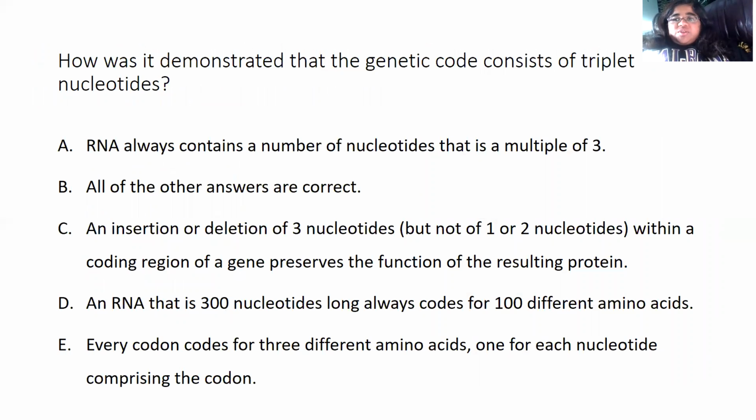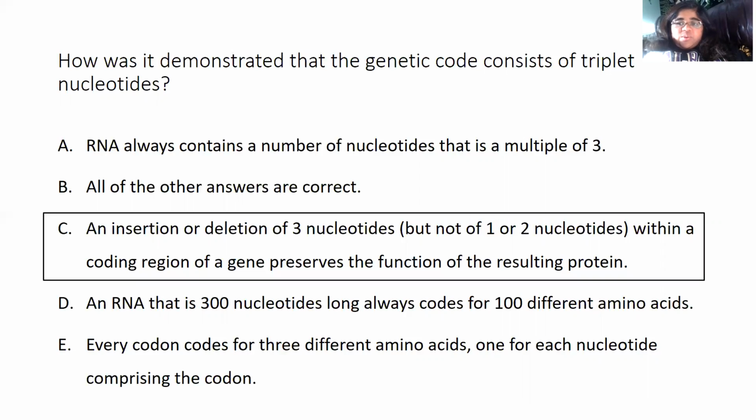How was it demonstrated that the genetic code consists of triplet nucleotides? So this was conducted by an experiment where they inserted and deleted 3 nucleotides.